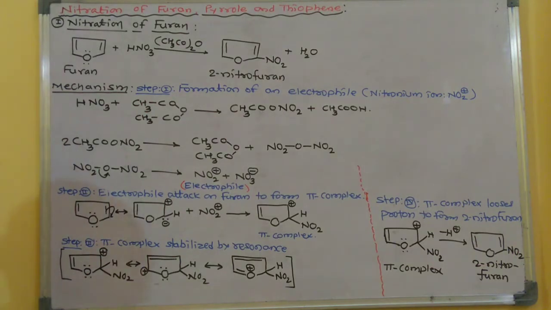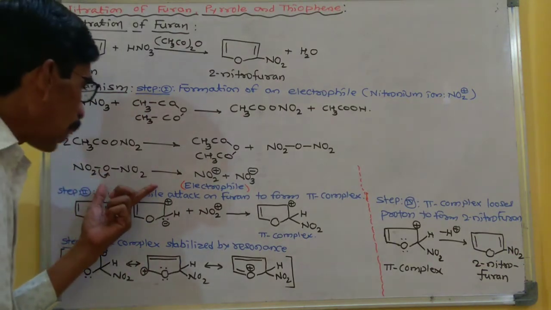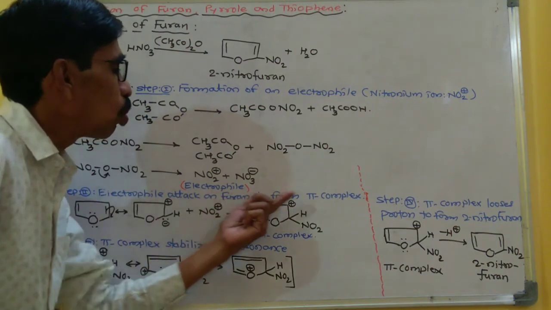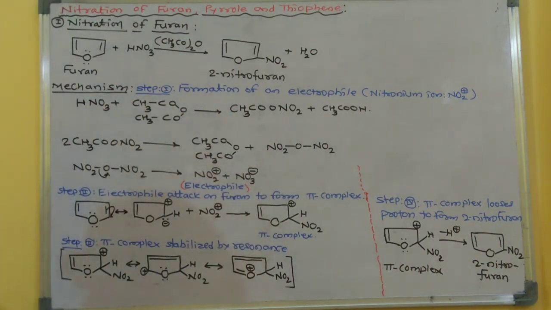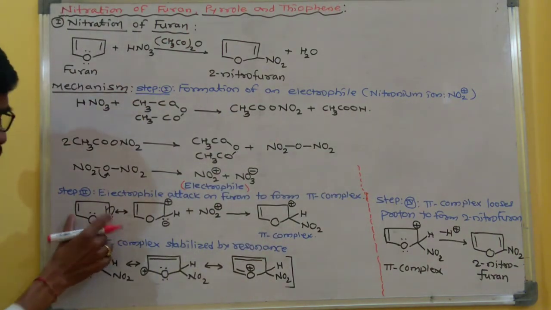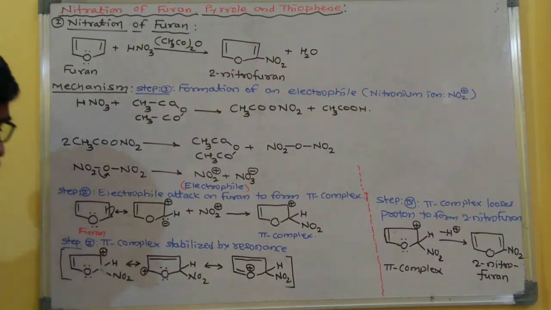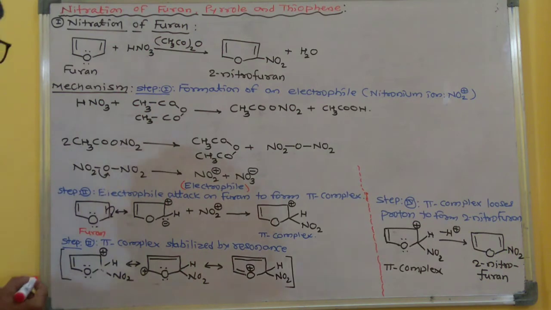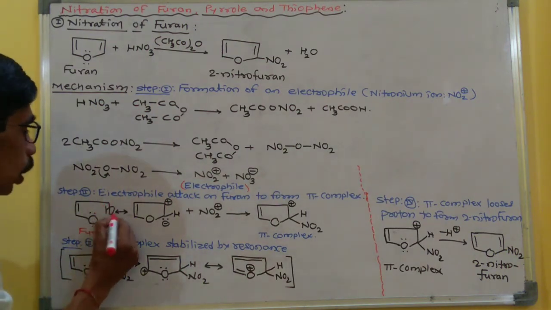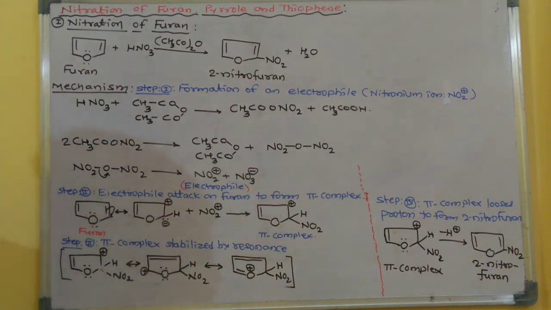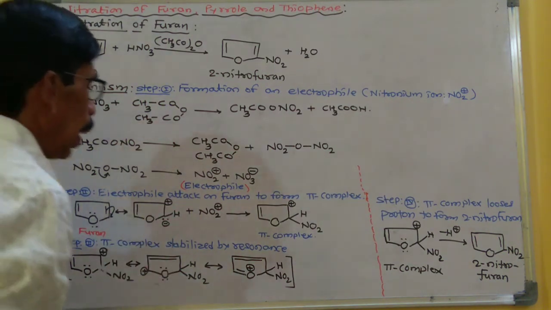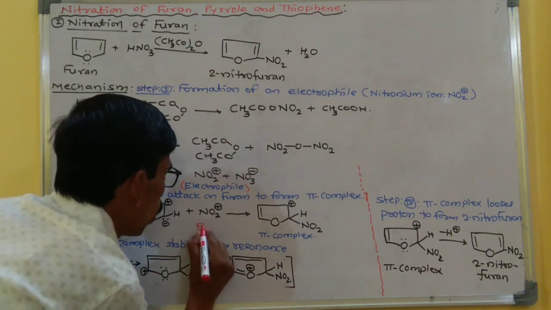Now the second step is that the electrophile, the nitronium ion, attacks furan to form the pi complex. This is the furan, and this bond is transferred onto this carbon. This carbon carries a negative charge, and this is the electrophile.